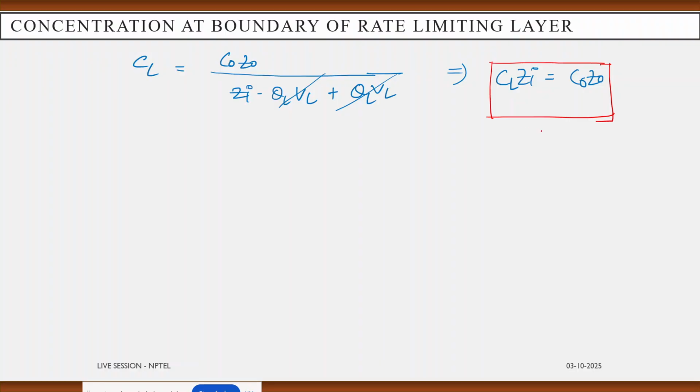So this is a very important output, that here CL is the minimum concentration at which the boundary layers interfere, and there the settling velocity is always a function of the concentration.